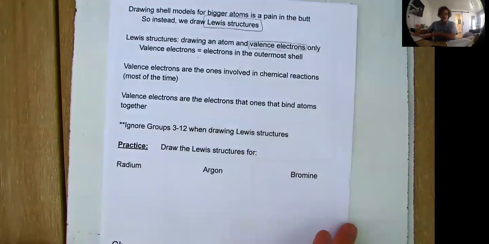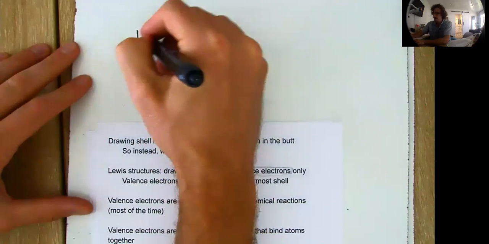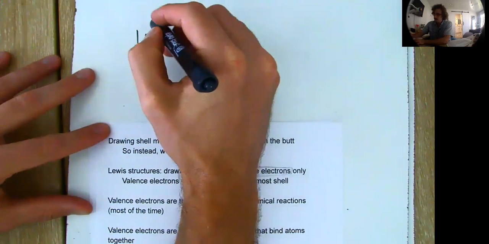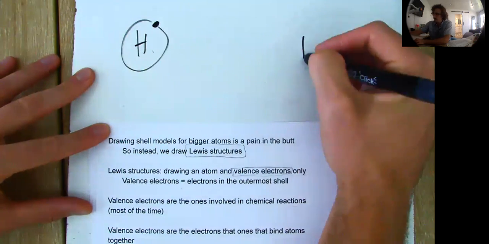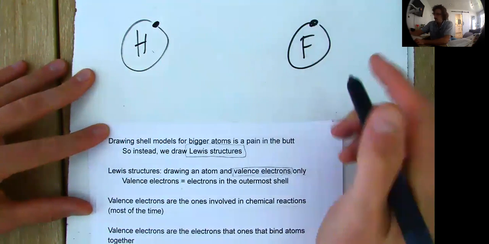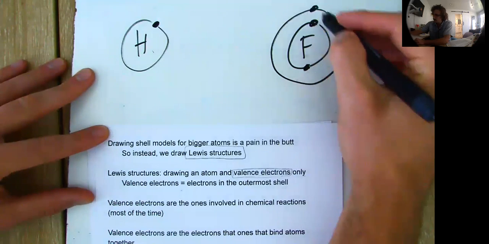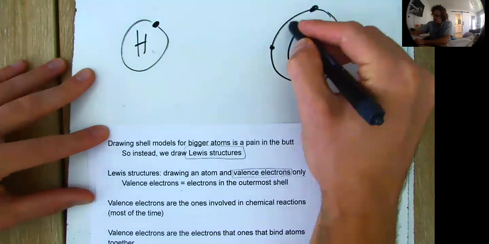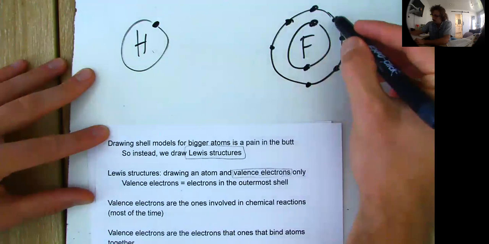Remember when we drew our atoms earlier? Our hydrogen, with its one electron, and then fluorine with its 9 electrons. 1, 2, 3, 4, 5, 6, 7.